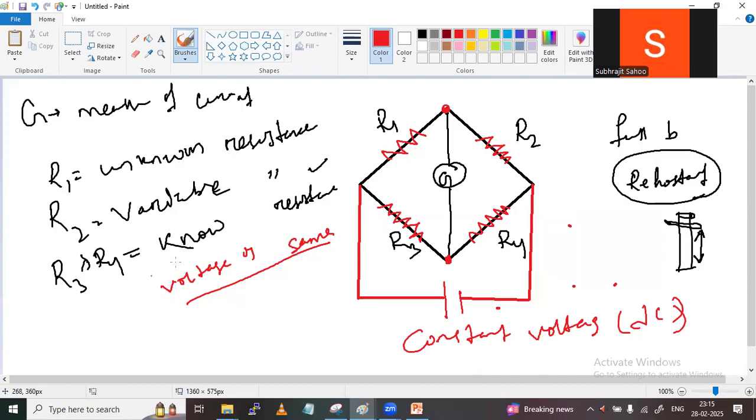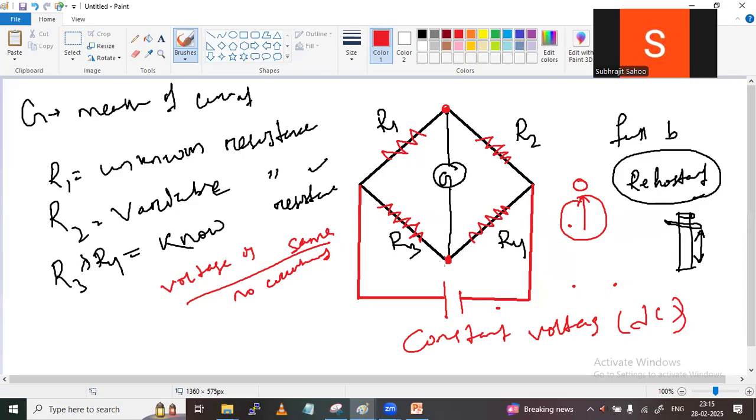Whenever there is no difference in voltage, no current will flow. So what will happen in this circuit? The galvanometer will show the reading 0, null position.